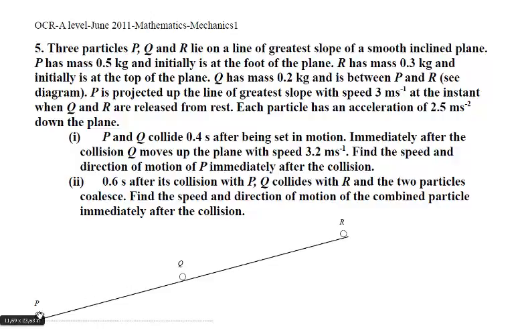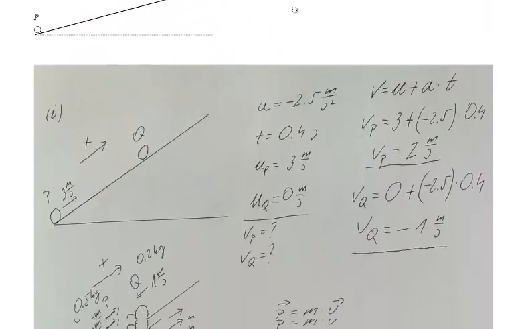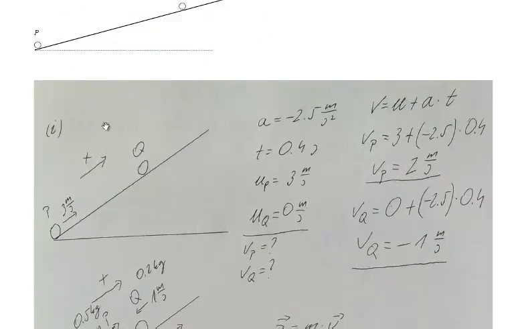First we'll find out the velocities immediately before the collision. This is our positive direction. The acceleration is negative.